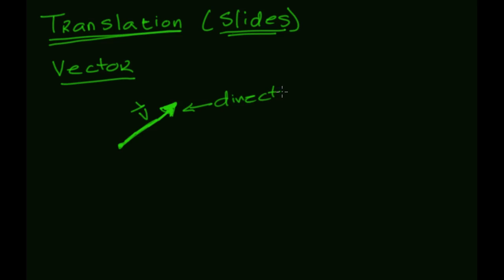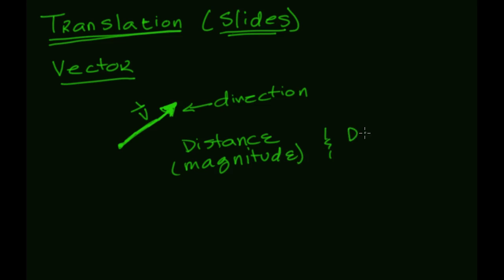So a vector is a mathematical entity or quantity that gives two things. It gives a distance, sometimes called a magnitude, and a direction. So this arrow has a fixed distance, which is its length or magnitude, and the arrowhead itself shows you what direction it's going in. So this could be called the vector v.